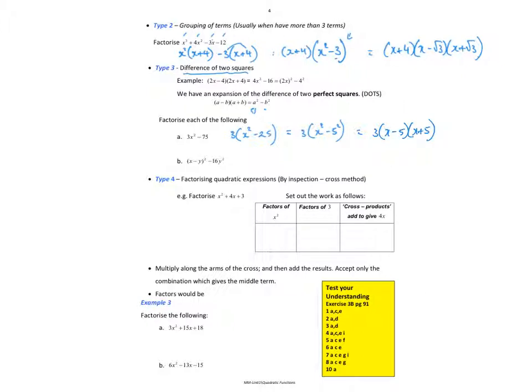Similar for the next example, it's less obvious, but again, if we consider this expression here as just one term, I've got a term squared minus a 16y all squared. So we could express that as x minus y all squared minus 4y all squared.